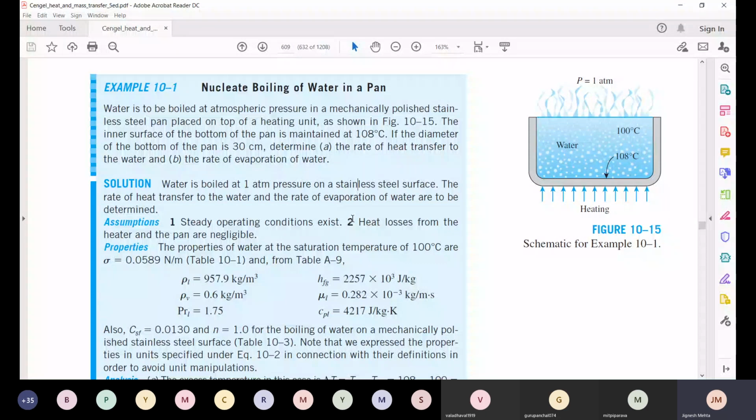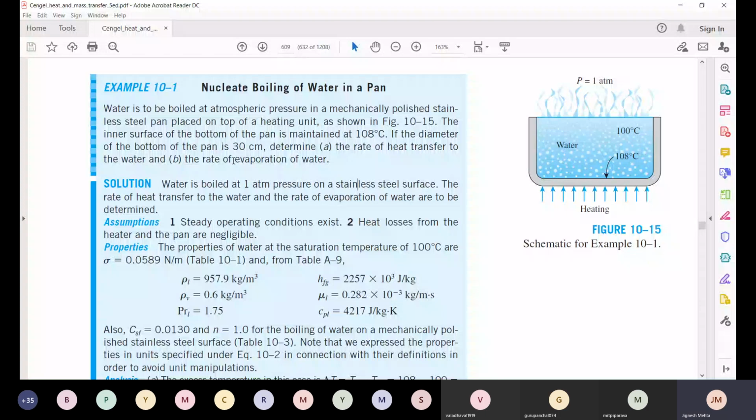So here water is to be boiled at atmospheric pressure in a mechanically polished stainless steel pan placed on top of a heating unit as shown in the figure. The inner surface of the bottom of the pan is maintained at 108. So there is a temperature difference of 8 degrees Celsius. If the diameter of the bottom of the pan is 30 centimeter, determine A, the rate of heat transfer to water, and B, the rate of evaporation of water.